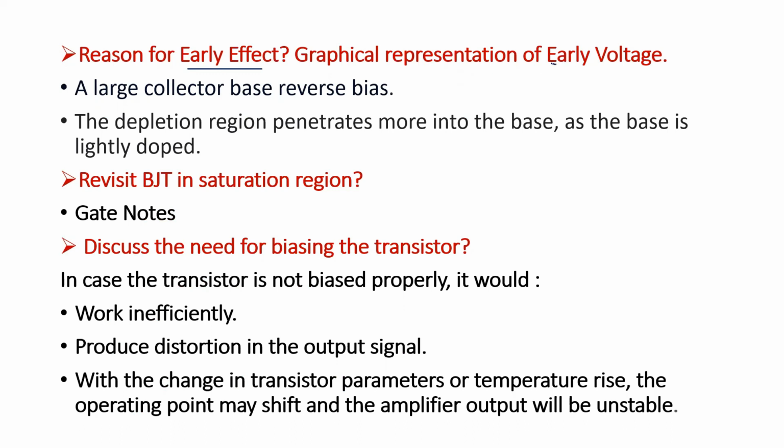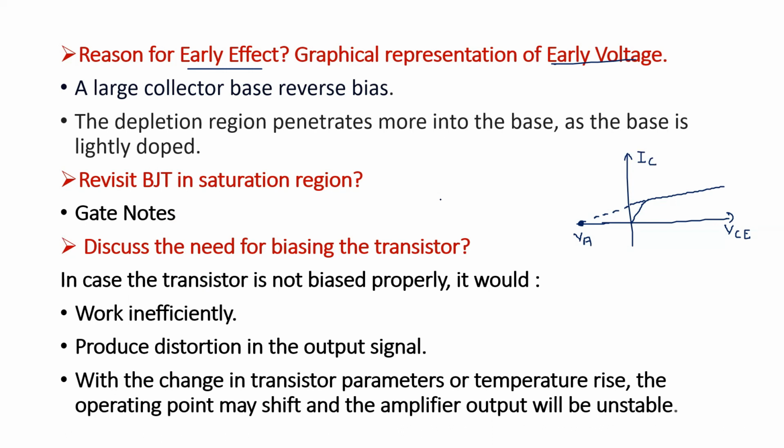If we want a graphical representation of the early voltage, you will see a graph like this. When we extend this graph to the other side, we can see the early voltage. This is VEarly, this is your collector to emitter voltage, and this is your IC. So this is the early voltage.